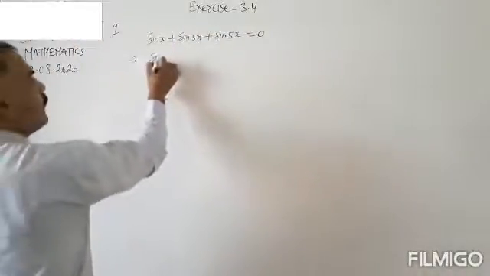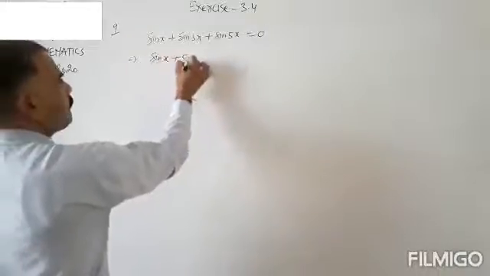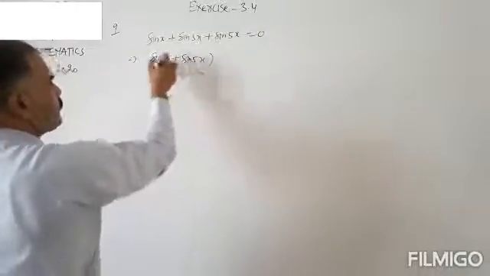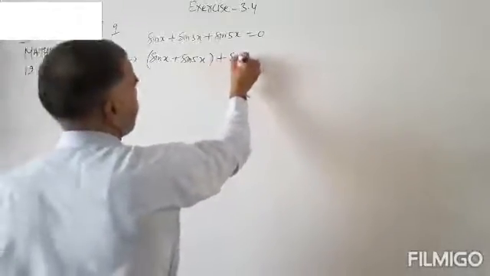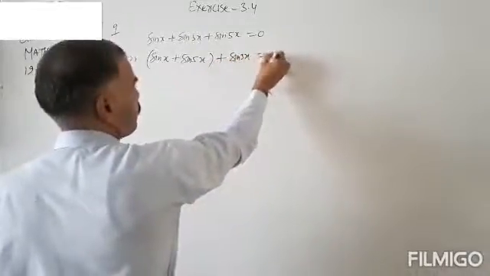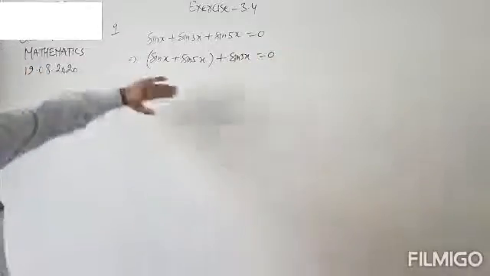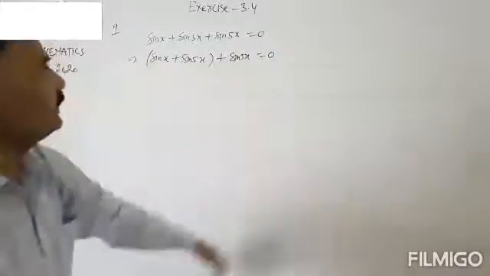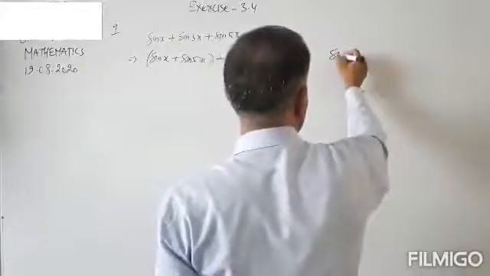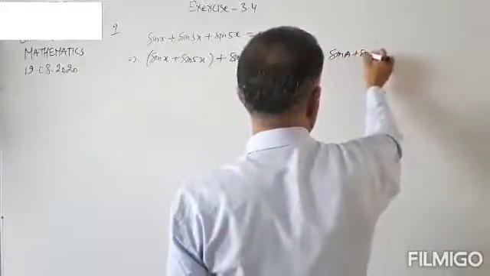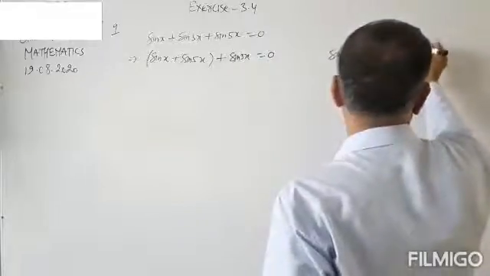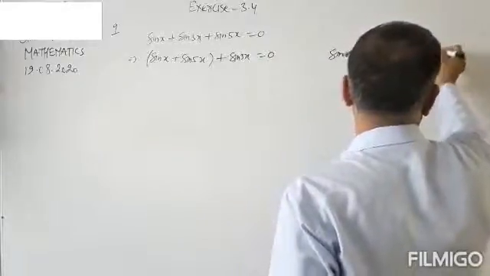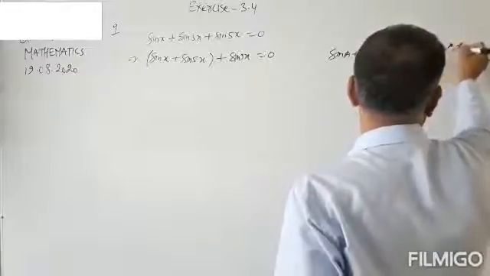So the combination is sin x and sin 5x plus sin 3x equals 0. Now we have sin A plus sin B, and sin A plus sin B equals 2 sin of (A plus B) upon 2 times cos of (A minus B) upon 2.